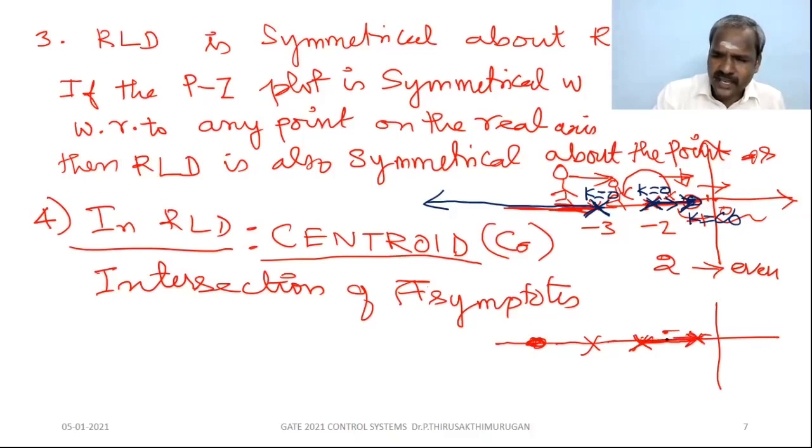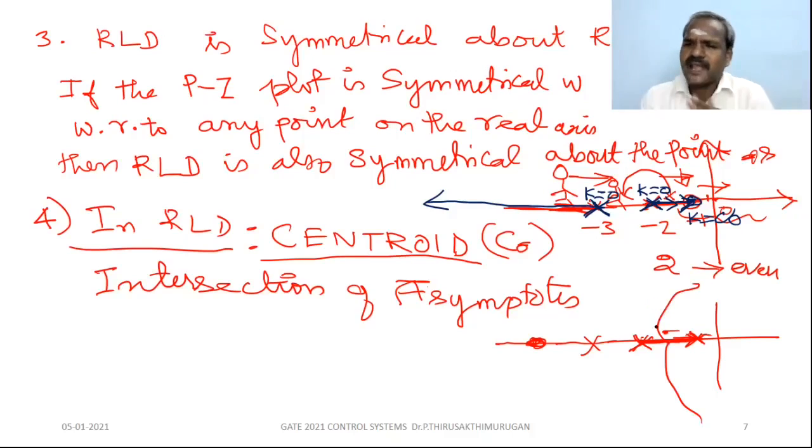They meet together and take a diversion. This is a breakaway point. At what angle does it take the diversion? That is with the guidelines of the centroid point.